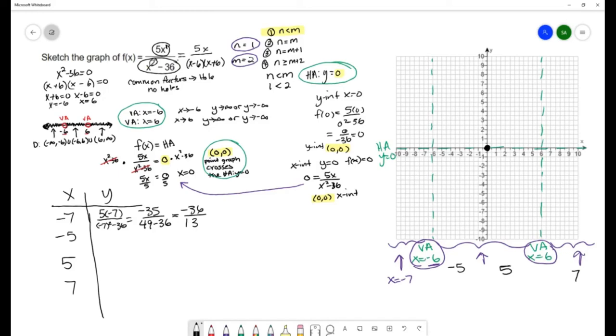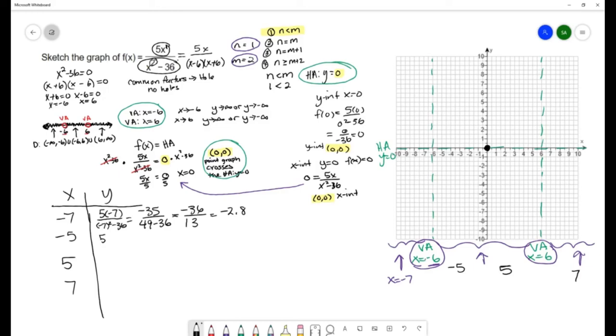And we're going to get an approximation of that with our calculator. -35 over 13, we get approximately -2.8.